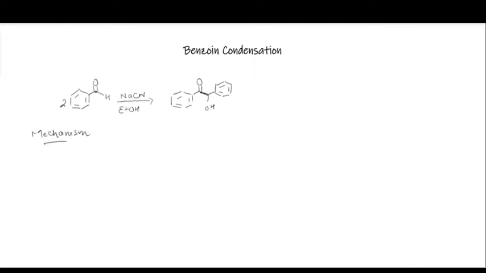So to start off, this benzaldehyde molecule is attacked by the cyanide. The cyanide ion here acts as a nucleophile, so it will definitely attack the carbonyl carbon, which is electrophilic in nature, producing this oxyanion, which then abstracts a proton from water to produce cyanohydrin.